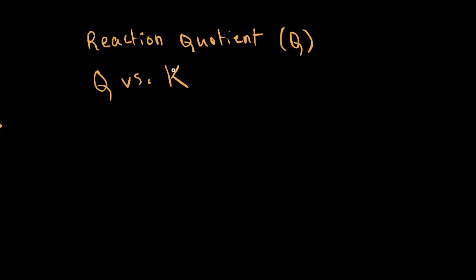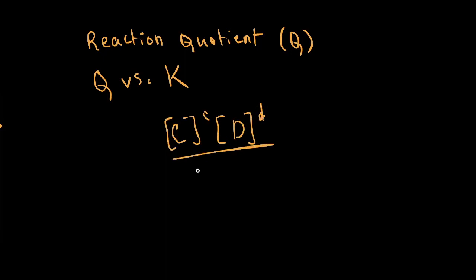So in K, the concentrations that you are plugging into that general form, the form that we saw here, if we were looking at our products over reactants, these concentrations that we are inserting into this general form are going to be those that we have once we have reached equilibrium.